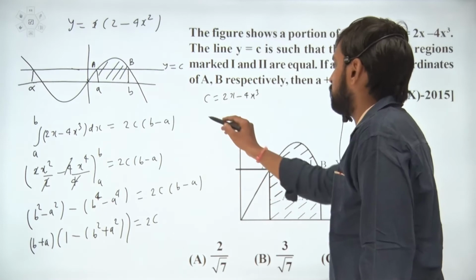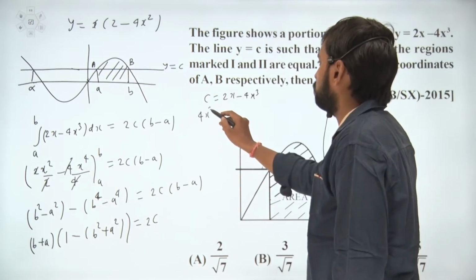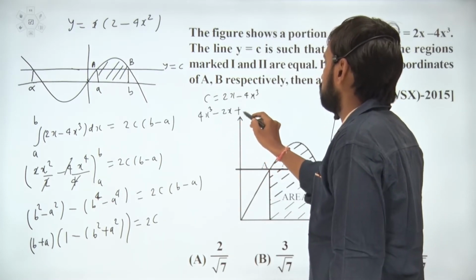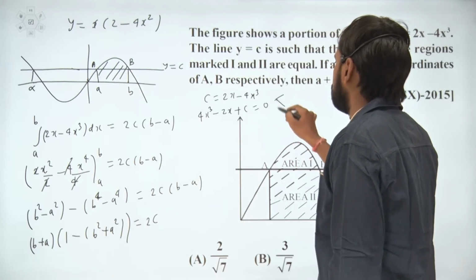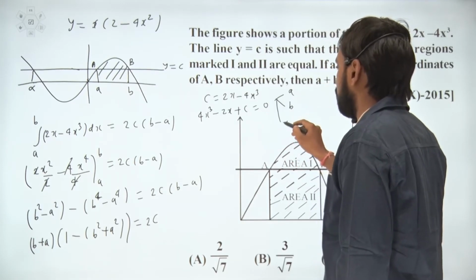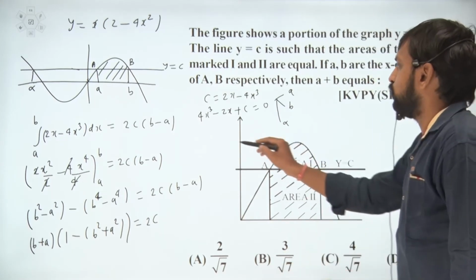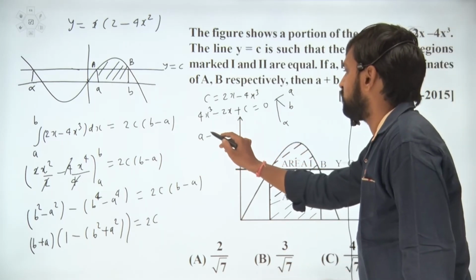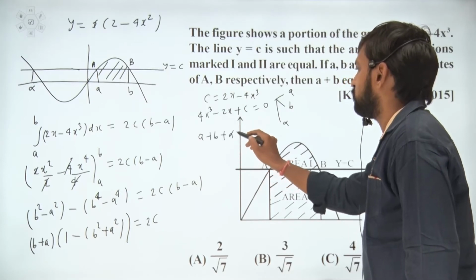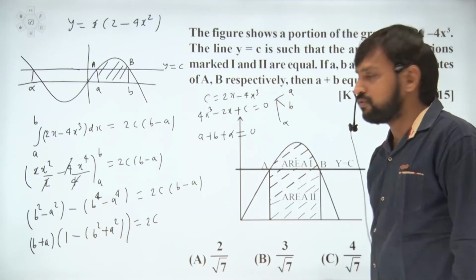Now from here we can say 4x cube minus 2x plus c equal to 0 has 3 roots a, b and alpha. So what is the value of a plus b plus alpha? The sum of roots will be equal to 0.